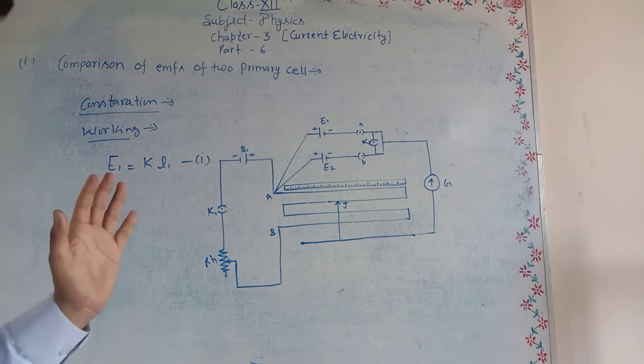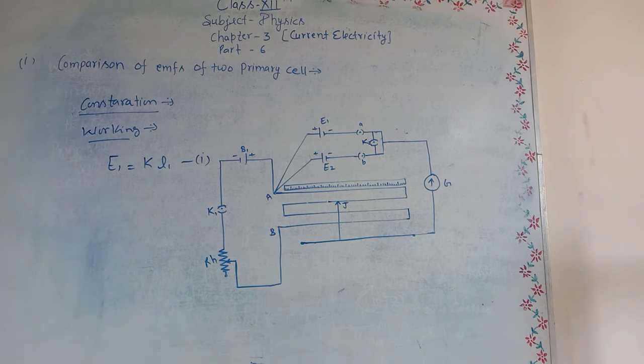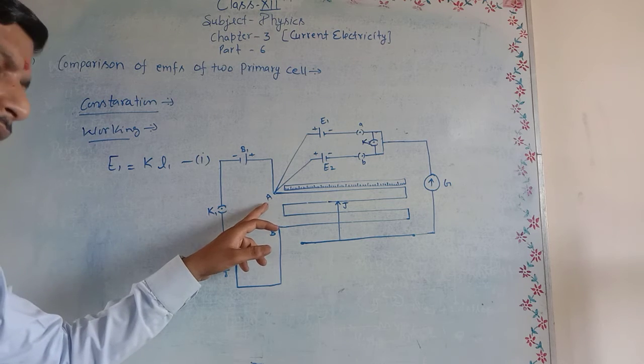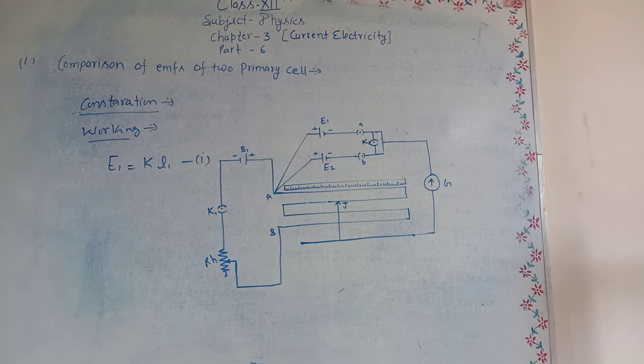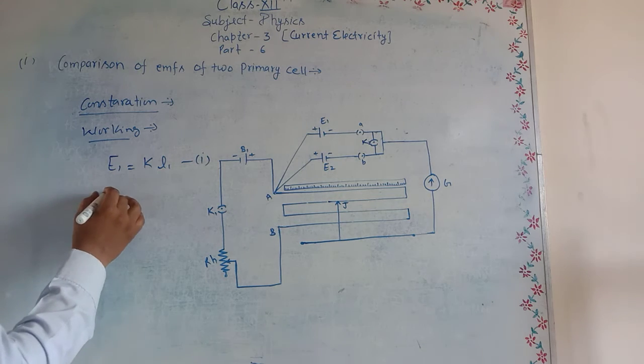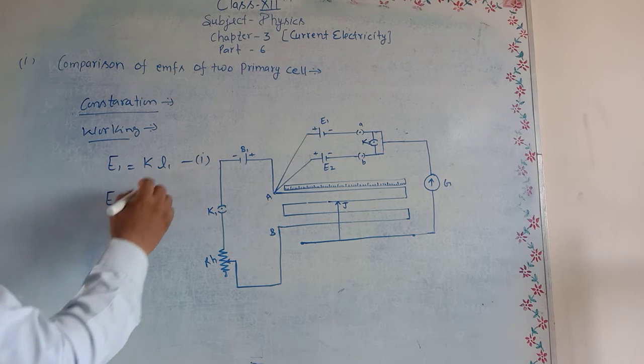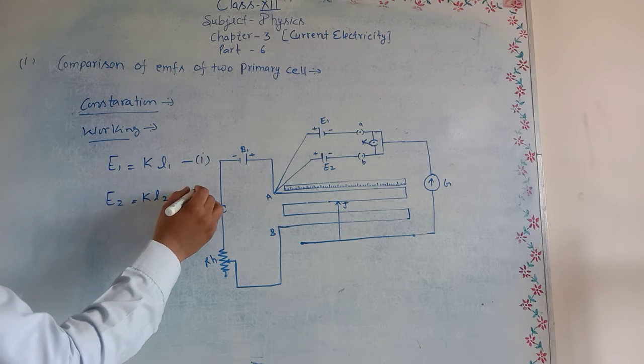Let the balancing length be L2 from the end A of the wire. Then the EMF of the second cell E2 is equal to K L2, equation number 2.